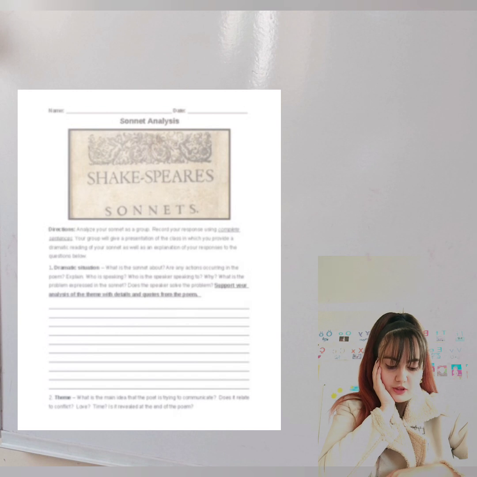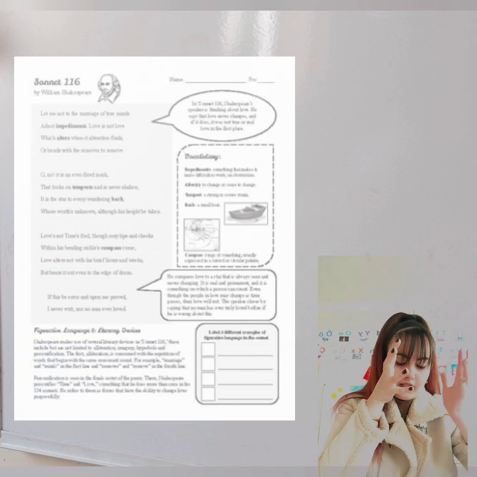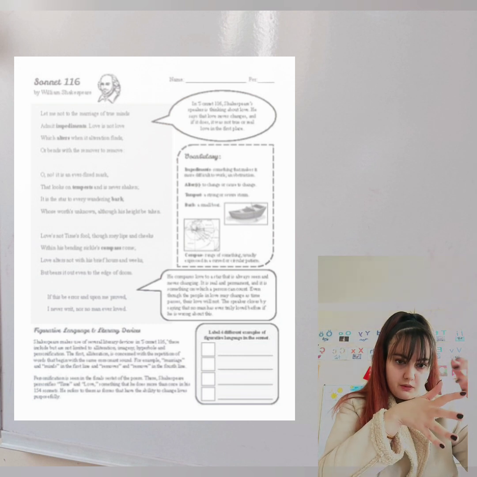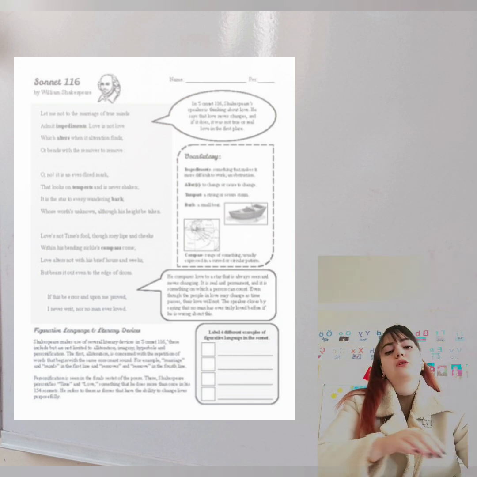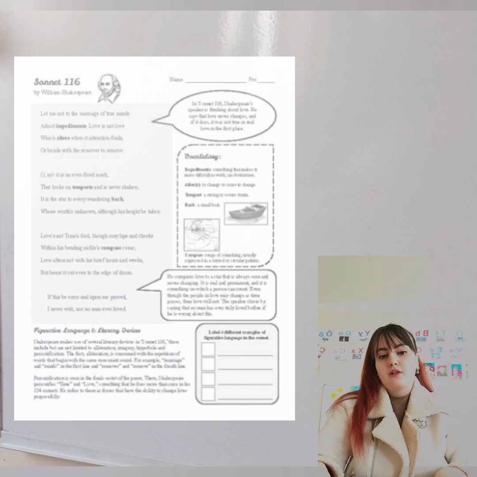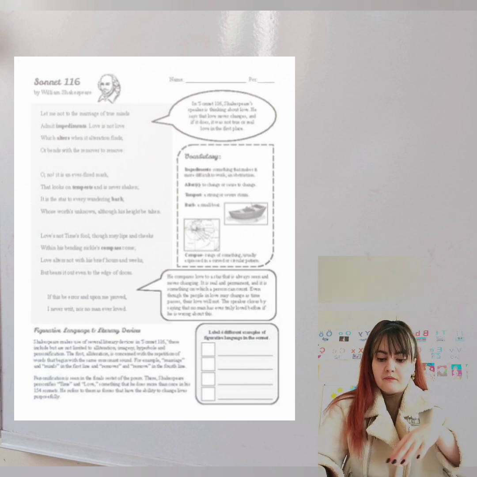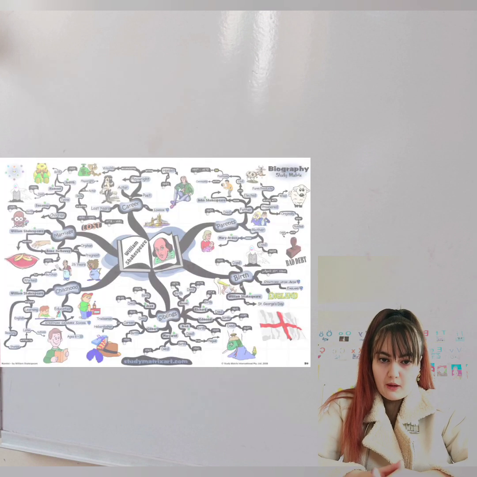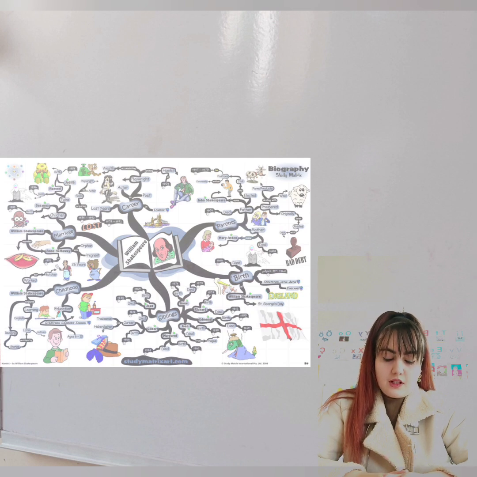Individual brainstorming: we encourage our students to work independently and brainstorm their own thoughts about the Shakespearean sonnets. And mind map: we guide students in creating mind maps to visually organize their thoughts and ideas about the sonnet.